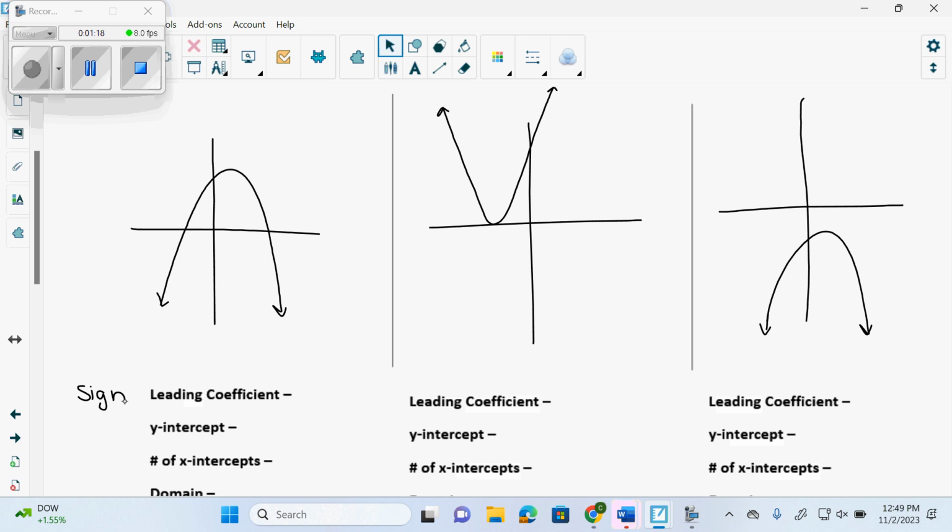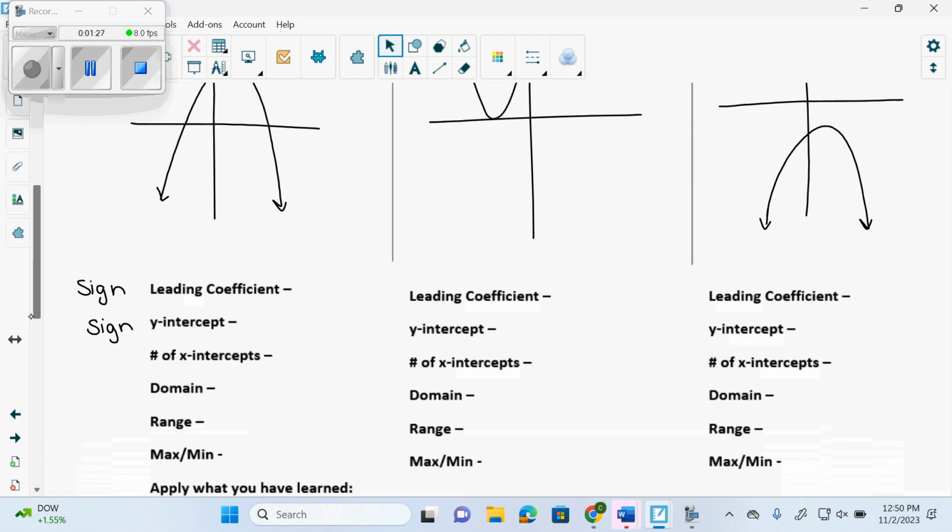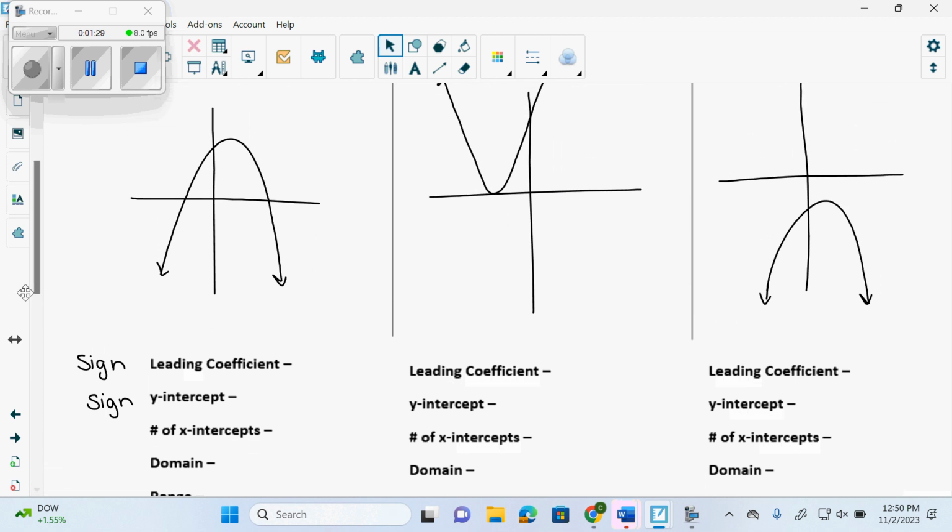I want you to tell me the sign of the y-intercept, the number of x-intercepts, and then the domain and range, max, min. So in order to give my domain and range, I'll have to do that one. Okay, fill them all in.